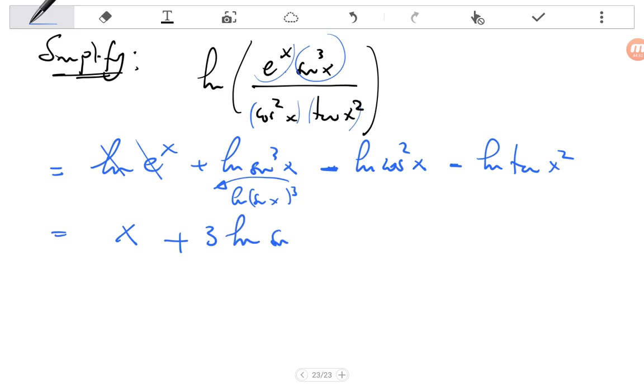And for this case also we have to do it like this, so it will be 2 ln cosine x. And what about this one? Should I take the square? No, in this case this squaring is inside the tan. The ln doesn't see that square, so I'll just leave it as it is.